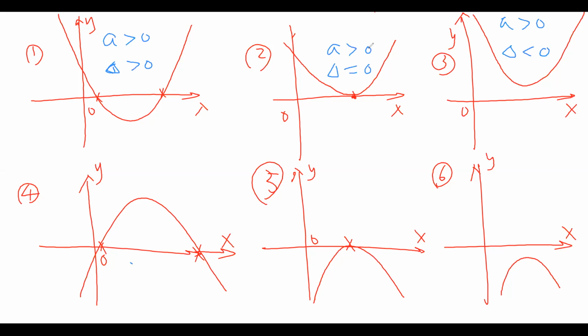For number 4 here, it must open down, a less than 0. The first has 2 x-intercepts, so the discriminant is greater than 0. With 1 intercept, the discriminant equals 0.